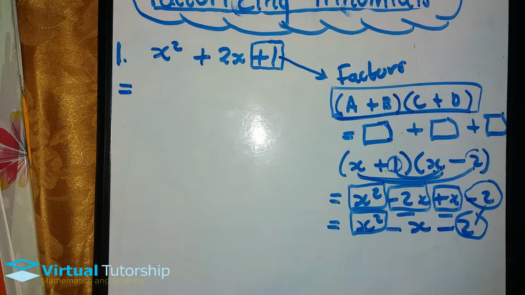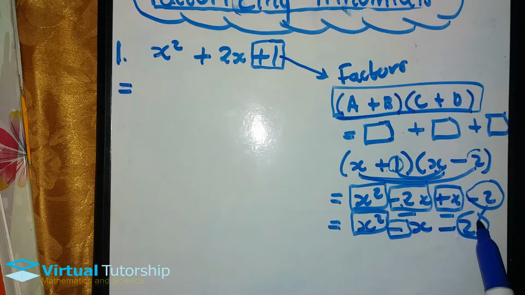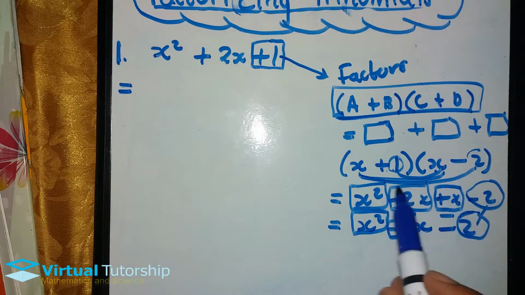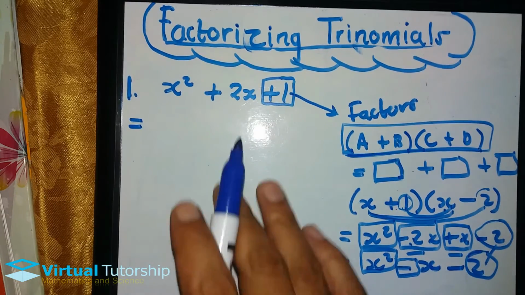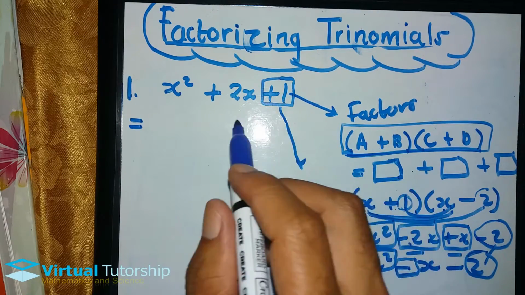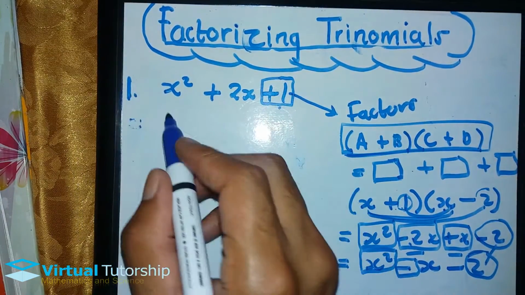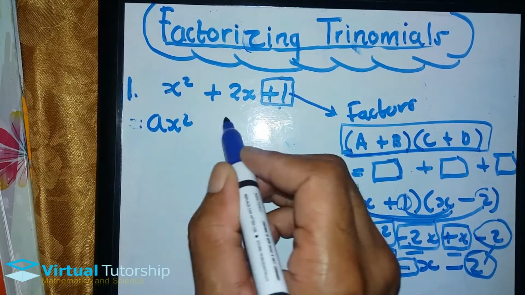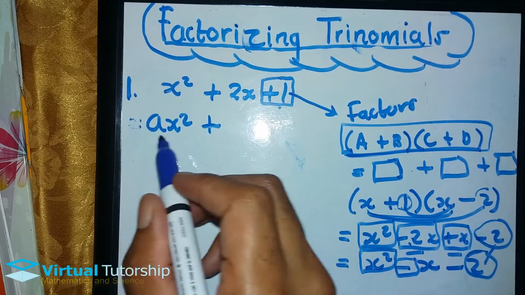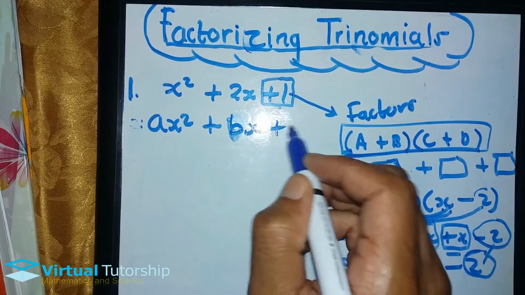So now look, how does this minus 1 come out? It comes from adding, but how does this minus 2 come out? By multiplying. So look, whenever factorizing a trinomial, each value has a name: a trinomial in standard form is x squared plus bx plus c.